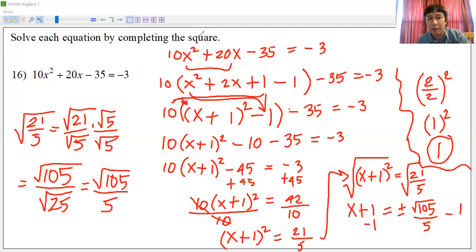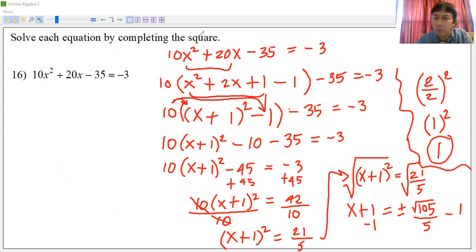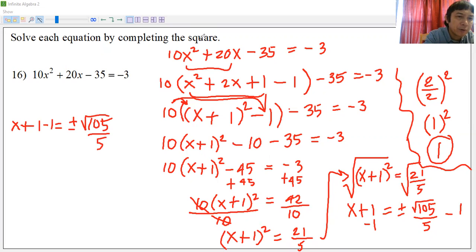We can continue back at the left side. We can now erase the left side, it's just the scratch writing here. Let's erase that. We shall continue with x plus 1 minus 1. So you can see it's x plus 1, and this is equal to plus or minus the square root of 105 over 5. If you subtract 1, you subtract 1.